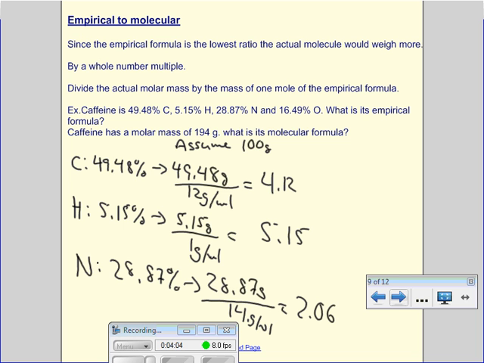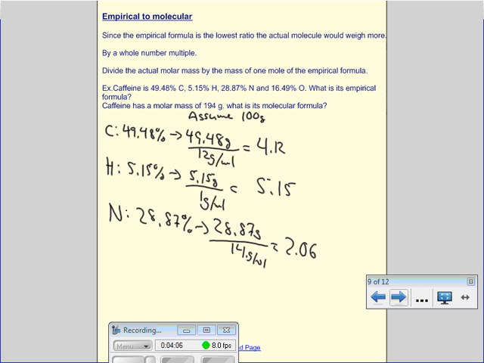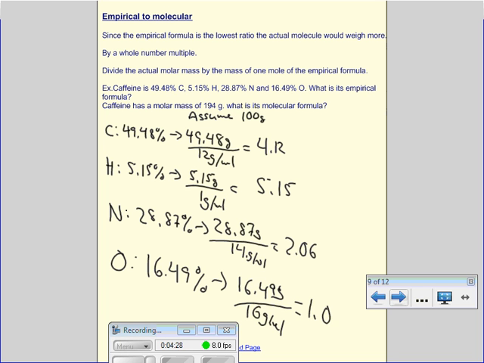And I have oxygen, and it is 16.49%. 16.49 grams divided by 16 grams per mole is going to be 1.03. So 1.03 is the smallest.